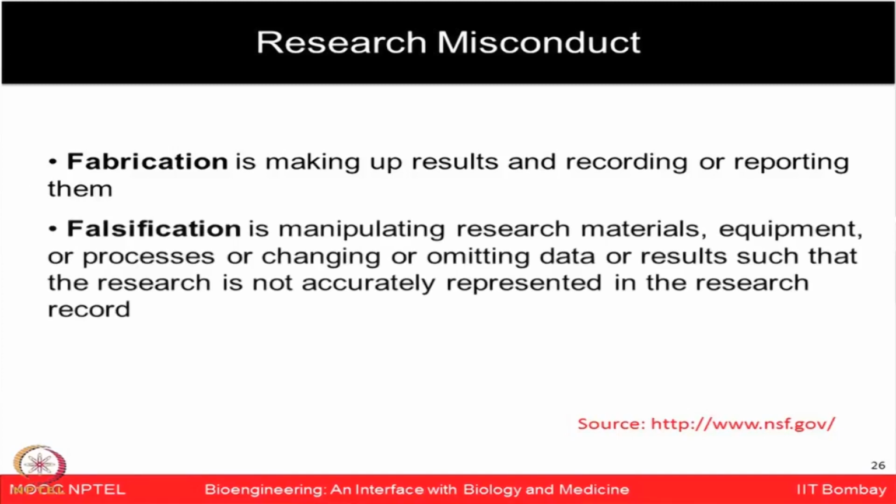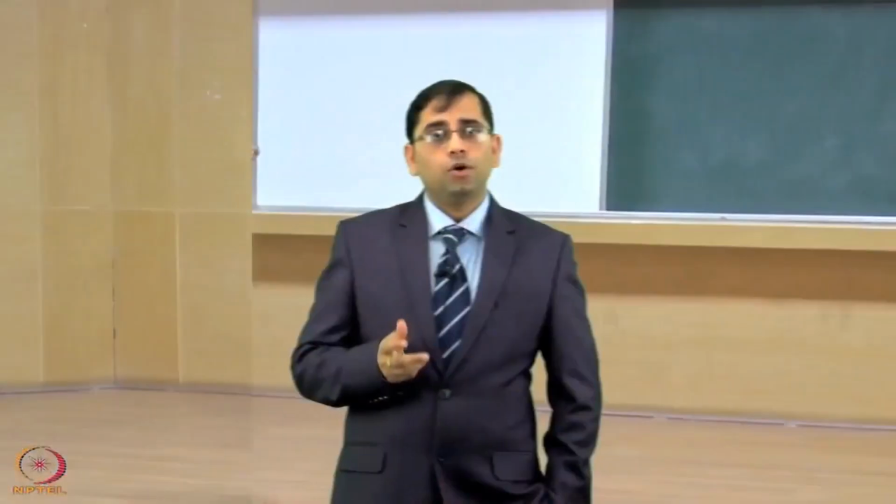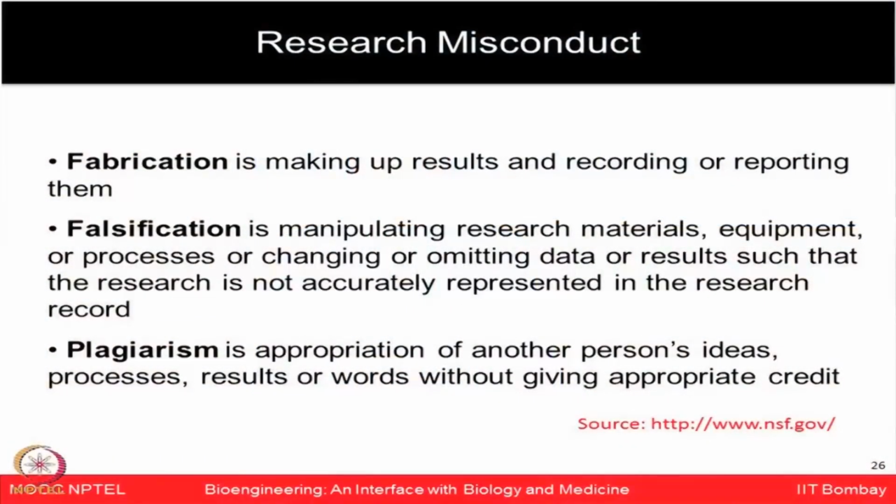Falsification is manipulating research materials, equipment or processes, or changing or omitting data or results such that the research is not accurately represented in the research record. Plagiarism is appropriation of another person's ideas, processes, results or words without giving them appropriate credit. The source for these definitions is the National Science Foundation.